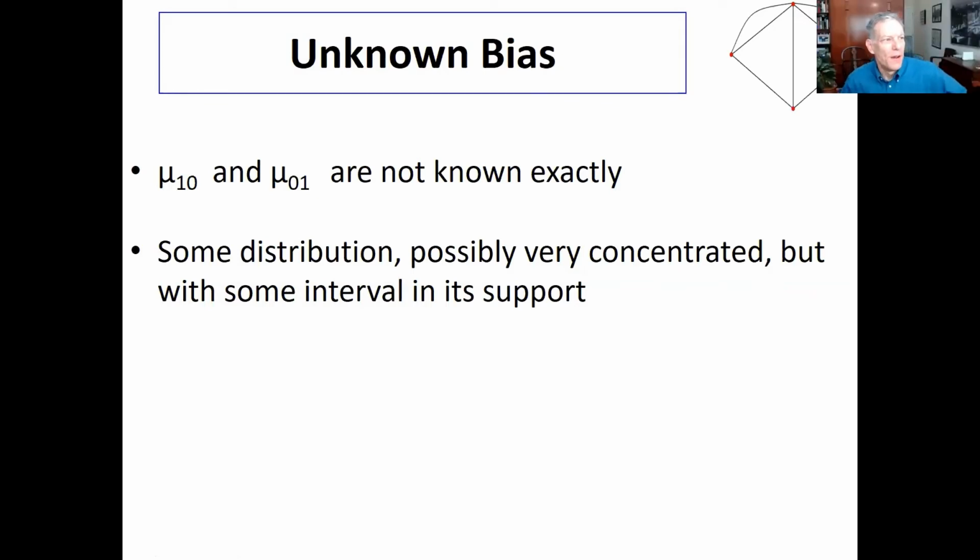So here, let's now think of the process when these mu's are not exactly known. There's some distribution over these, and I'm not sure exactly how often these things are moving from zeros to ones and ones to zeros.